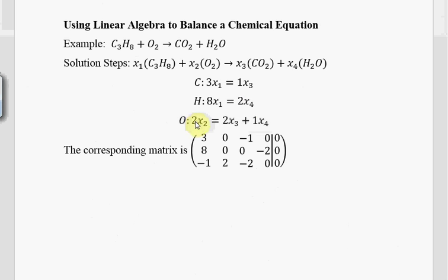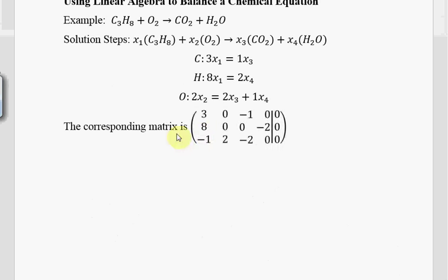And then for the last equation, or the last row, there's no x sub 1. Let me rewrite this and write it correctly. I think I can put that in here.